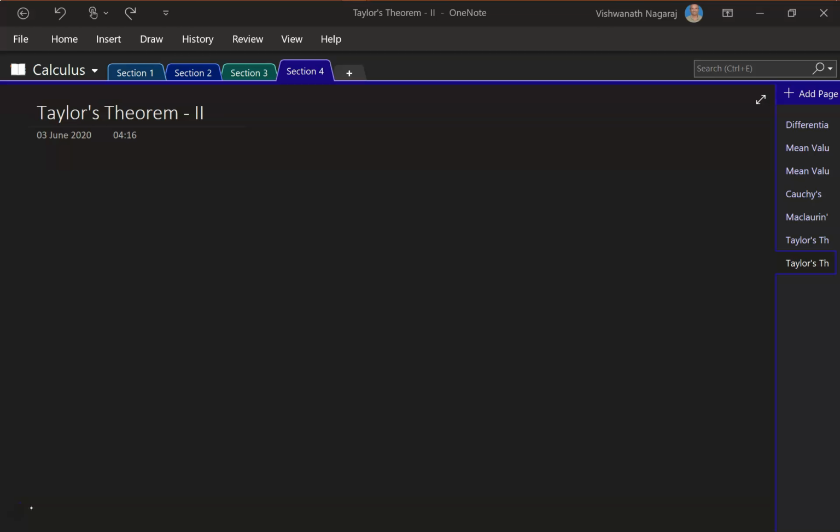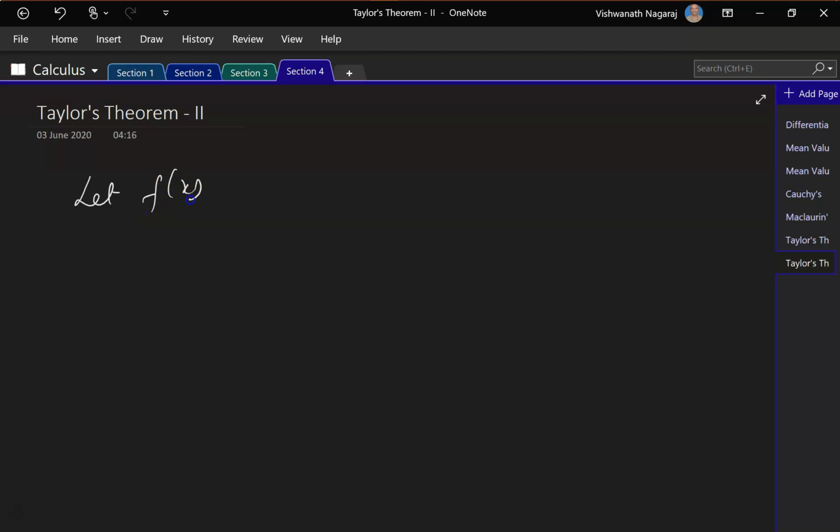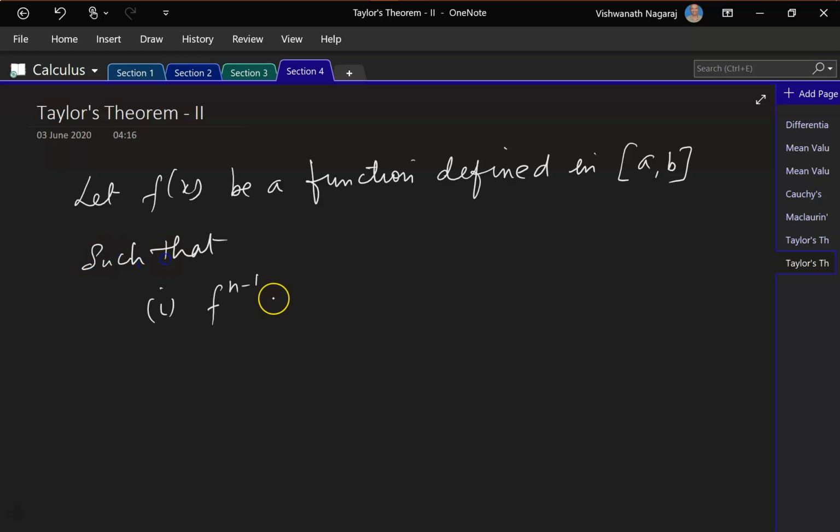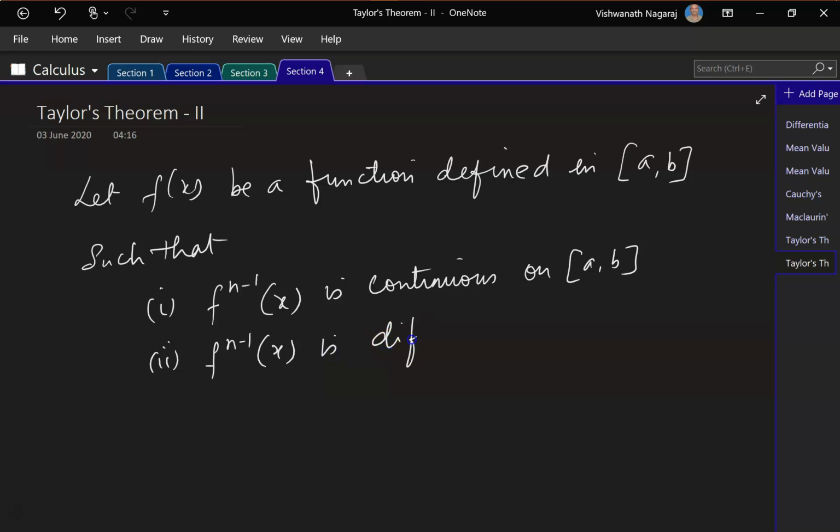Let's look at Taylor's theorem in a slightly different way. Let f of x be a function defined in the closed interval a comma b, such that the n minus 1th derivative is continuous on the closed interval a comma b, and the n minus 1th derivative is differentiable on the open interval a comma b.